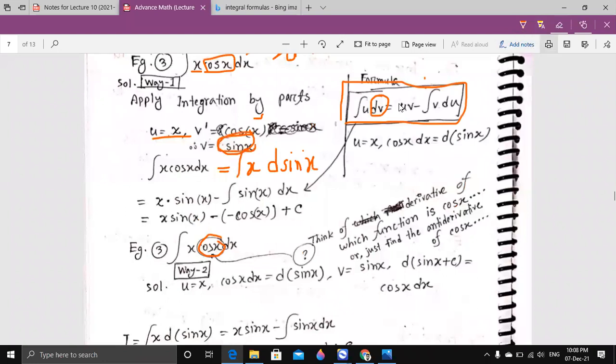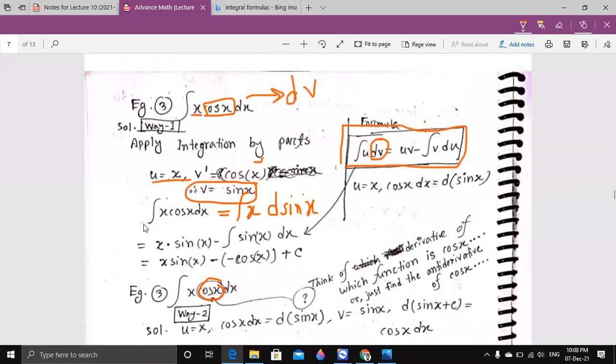For this reason, I just write down here v is equal to sin x, okay? Now if you substitute here, the integration of x cos x dx will be the integration of x d sin x.